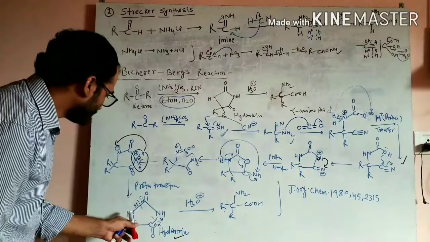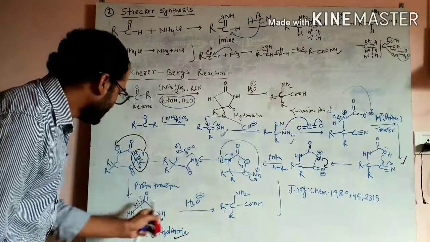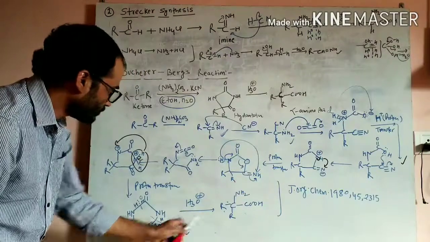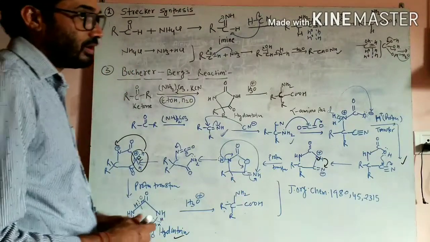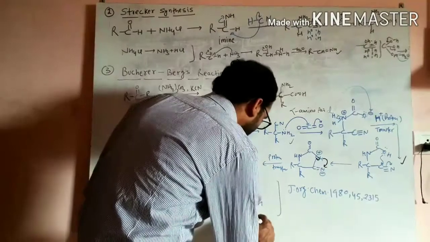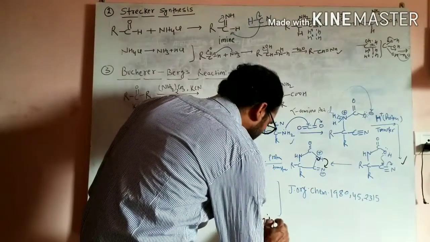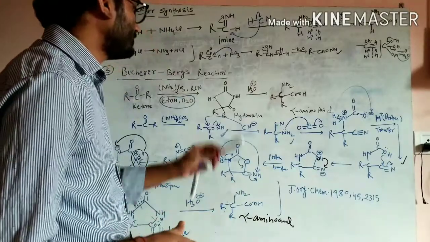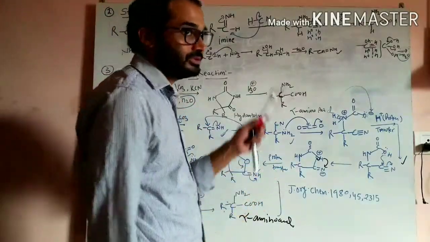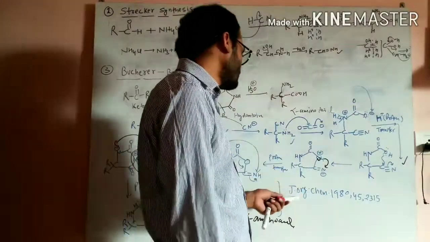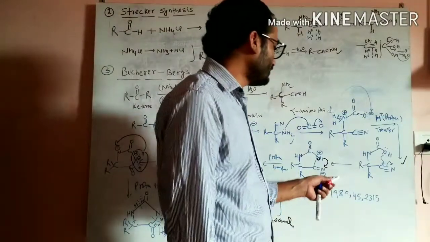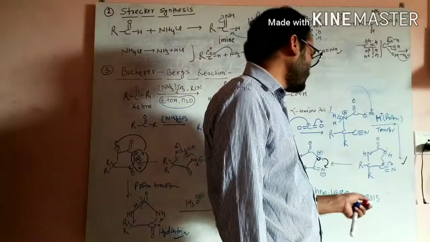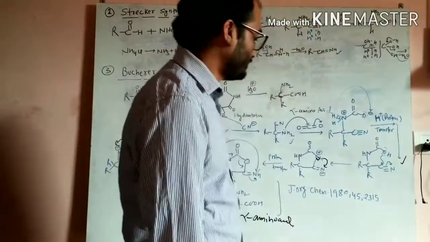Now it is converted to R-C, and this NH is converted into NH2, and this C double bond to OH, and this is alpha. We are getting alpha amino acid from here. This mechanism is referenced from the Journal of Organic Chemistry, published in 1980, volume 45, page number 2315.